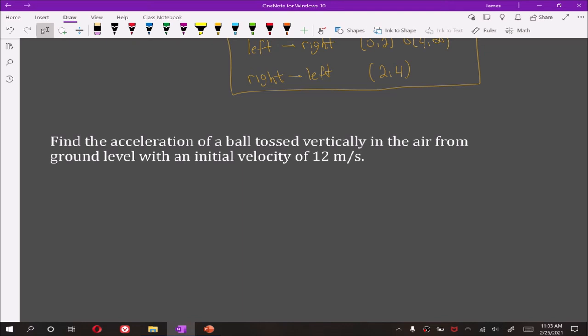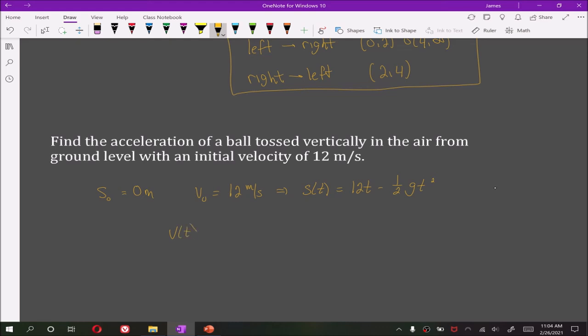So s naught would be 0 meters. v naught is 12 meters per second. Right, so this means that s of t is 12t minus 1/2 g t squared.